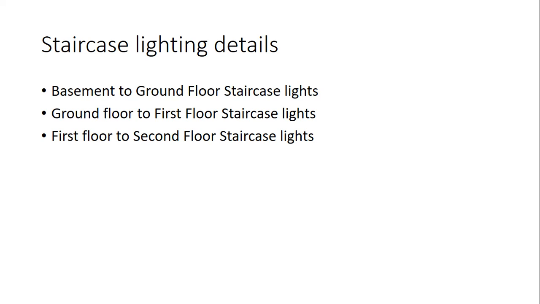And for the first floor you want to do the same thing. When someone gets into the first floor staircase, you want to turn on both the ground to first floor staircase and the first to second floor staircase together.